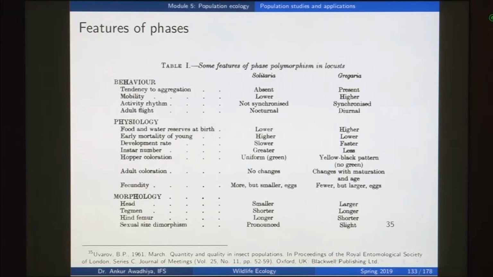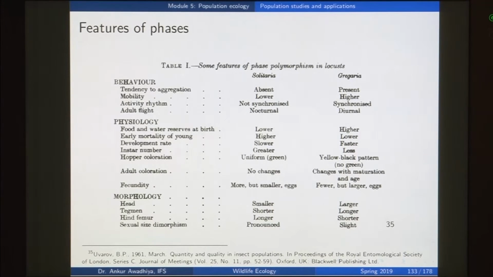Then the activity rhythm is not synchronized in solitary. In the gregarious phase it is synchronized, because of which they are able to form a swarm, because all their activities are synchronized, they all move at the same time. Then if we look at the adult flight, the solitary phase flies in the night time, the gregarious phase flies in the daytime. So, you can see that there are huge differences between the solitary and the gregarious phases of the same species.